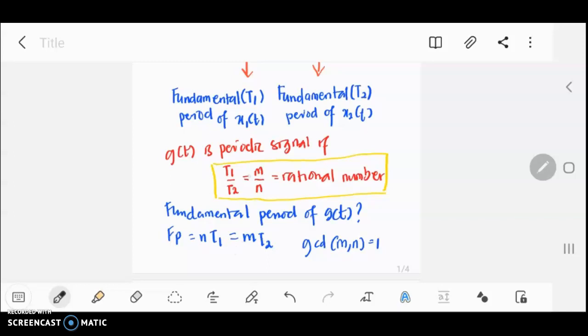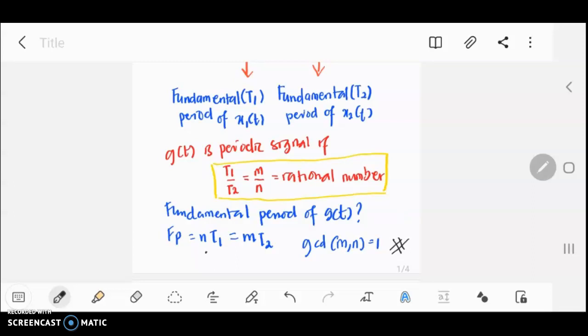It's the same as the formula T1 over T2 equal to M over N. So just multiply here and multiply here, and we get the fundamental period of g(t). And lastly, we have GCD(M, N) equal to 1. That is the final answer for it.